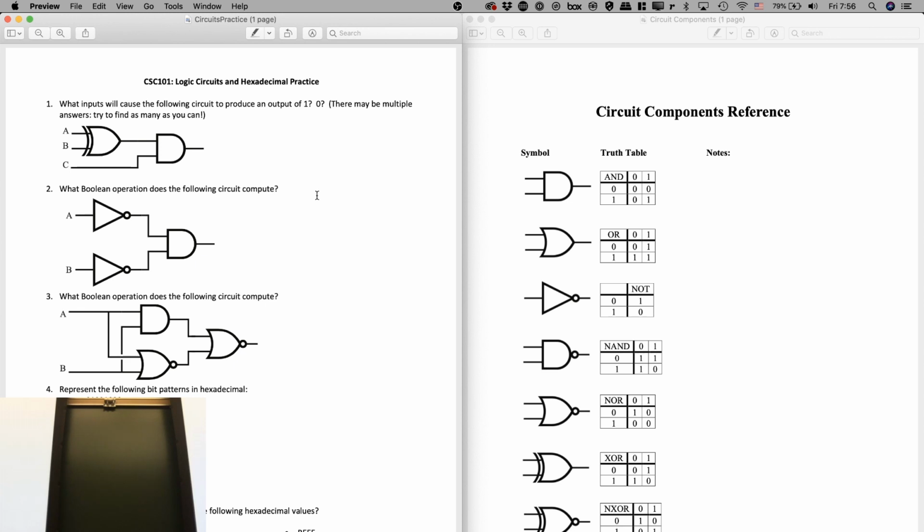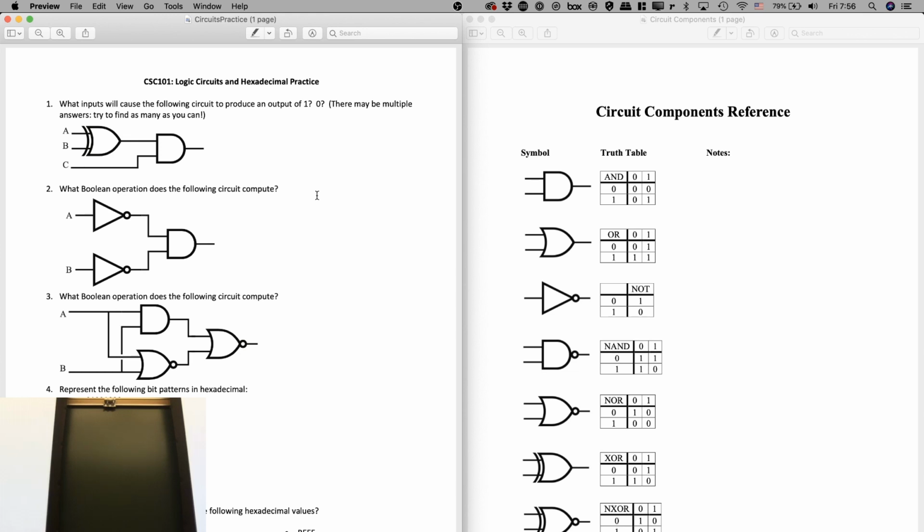Similarly, if both inputs are on, then what's coming out of both NOT gates is off, and so the AND gate would be off. So to recap, the only time that circuit outputs on is if both inputs are off.